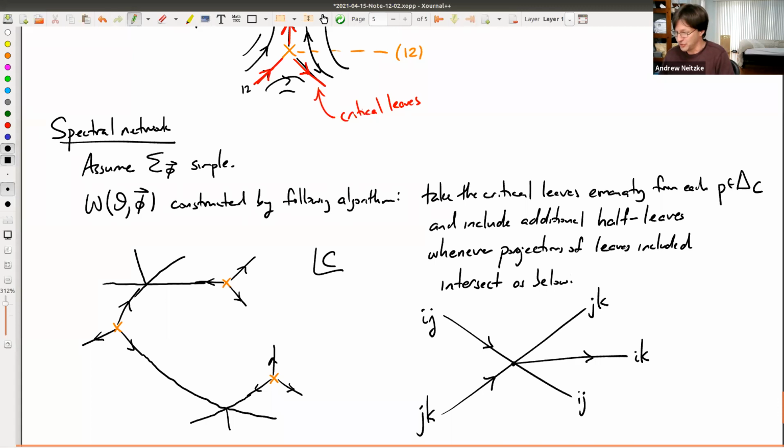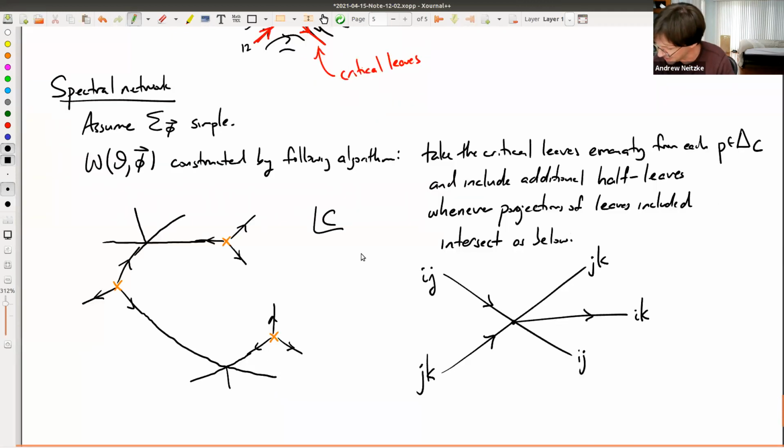In practice, every time you add one, you check whether it intersects with all the previous ones, and if it does, they give birth to new ones and so on. I wrote a slightly sharper version of this in the notes, but for our present purposes, that's enough.